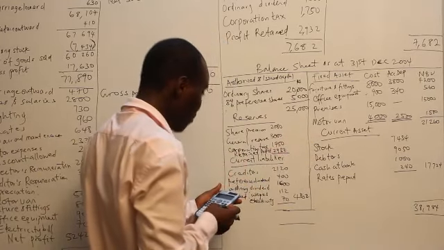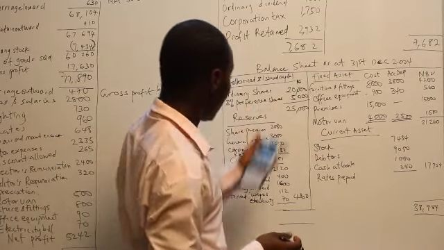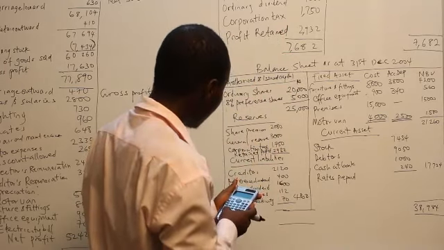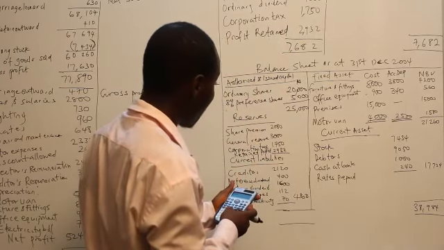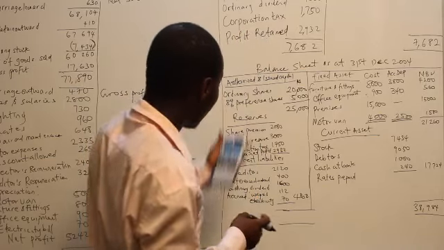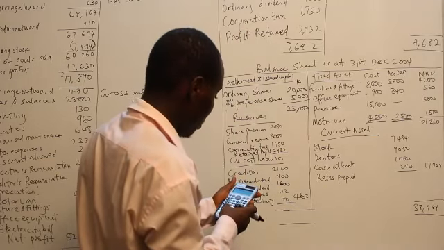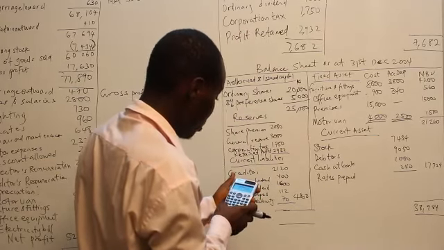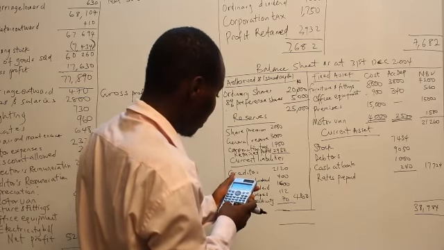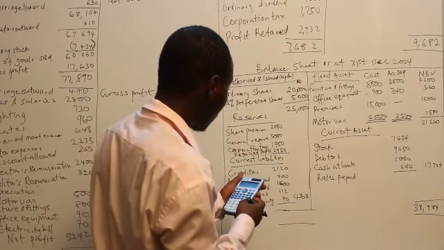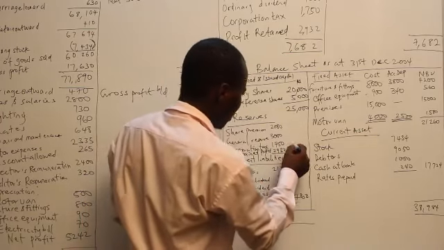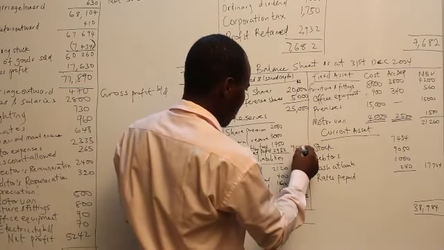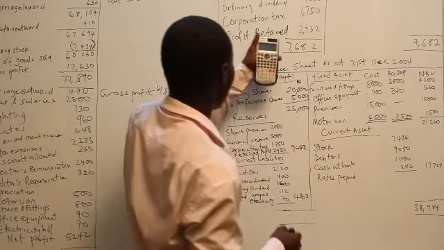Retained profit for the year goes to reserves. So you have 2,000 naira plus 3,000 plus 1,750 plus 2,932. So we should have 9,682. So that is the error we made.